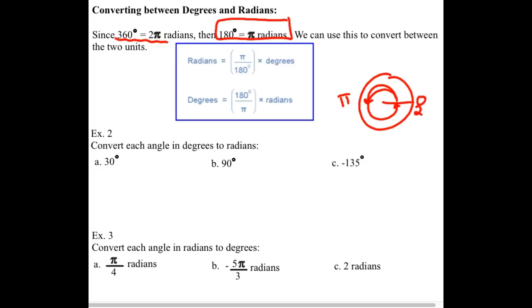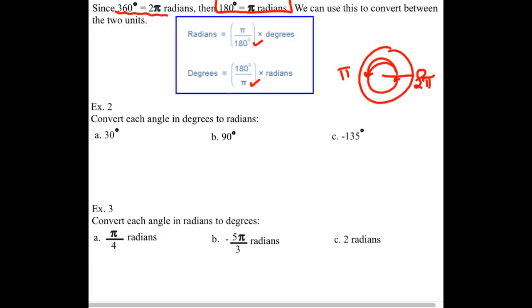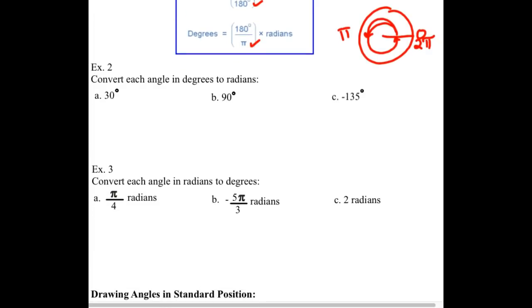So this is 0, and if we go all the way back, that would be 2 pi. So if we want to get radians and we had degrees, we need to get rid of degrees. That means we're going to have degrees on the bottom. If we want degrees, we're trying to get rid of radians, so we need pi radians on the bottom. Okay? All right. We're going to start with converting angles into radians. So 30 degrees, what are we going to have to multiply by?